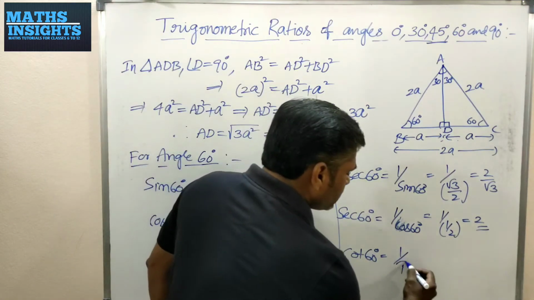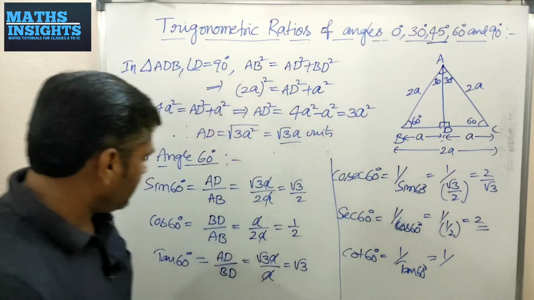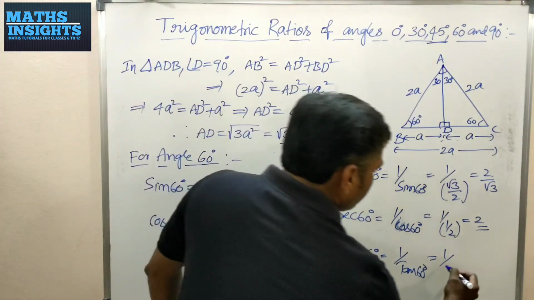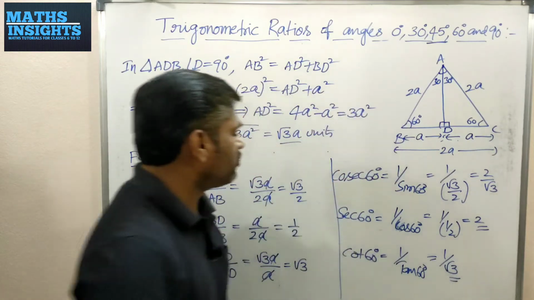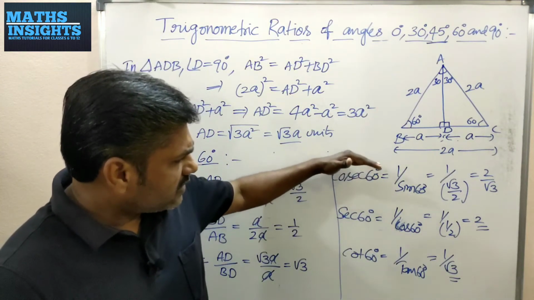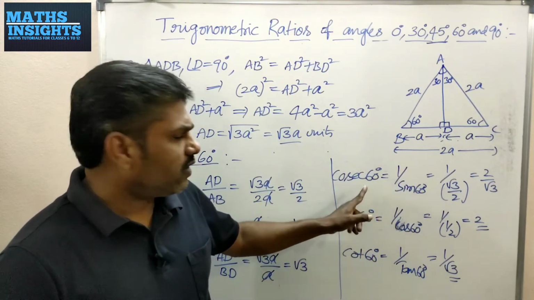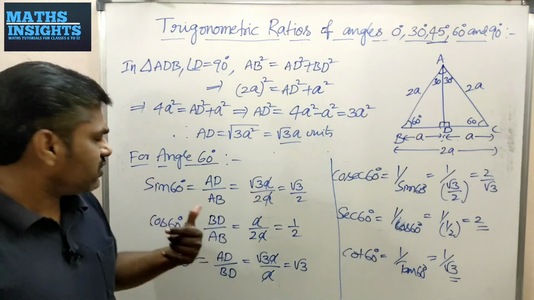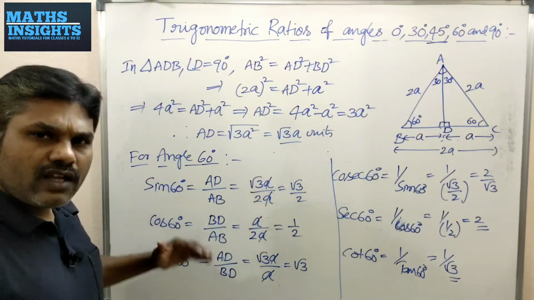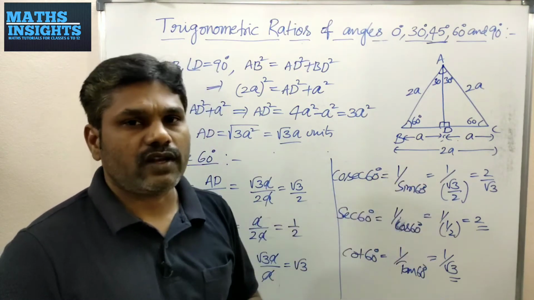Therefore, you may find it by 1 by tan 60, and tan 60 value is root 3. Therefore, cot 60 value will become 1 by root 3. You may calculate these cosecant, secant and cot by using formulas also. Whatever the definitions for sine, cos, tan, those formulas will become reverse. Then you will get the same values.